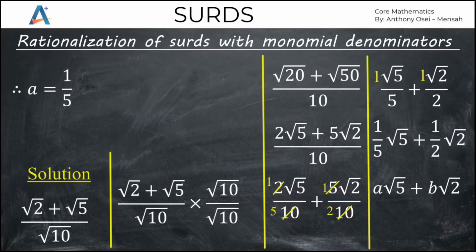And the same thing with root 2: half of root 2 and b root 2 have the same coefficient. So b is half. So finally, we can boldly say that a is 1 over 5 and b is 1 over 2. That answers the question in this particular form. So we have basically answered the question. That is the answer for a and b, which are real numbers. Thank you very much.